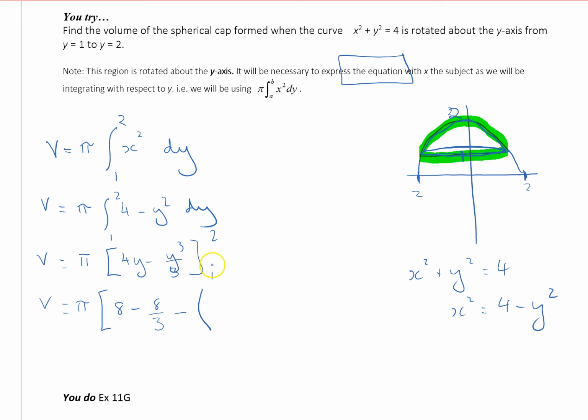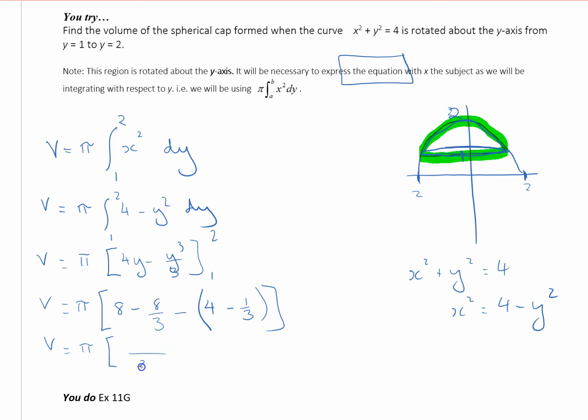In all the other examples I've done, the other number that we were substituting in was 0, which didn't affect our calculation, but subbing in a 1 will definitely affect our calculation. Please put in a bracket: 4 minus 1/3. Volume is equal to pi times 8 minus 8 on 3.